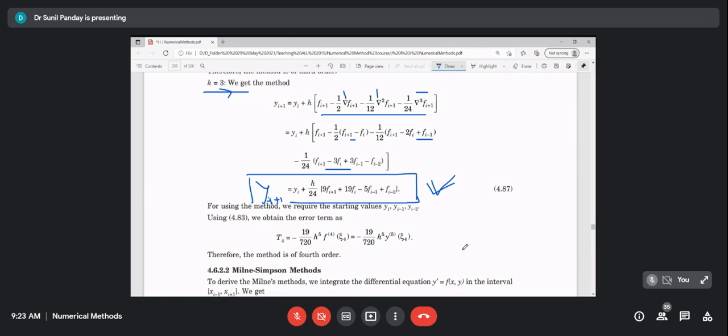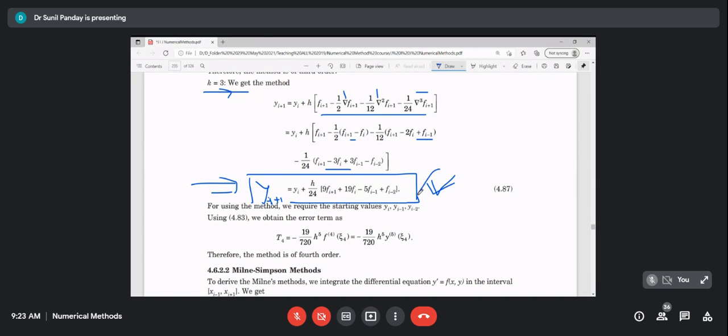When there is a problem that you solve using the predictor and corrector method, and they tell you to use the Adams-Bashforth-Moulton predictor-corrector method to solve the initial value problem, then you use the fourth order Adams-Bashforth method as a predictor and the fourth order Adams-Moulton method as a corrector.